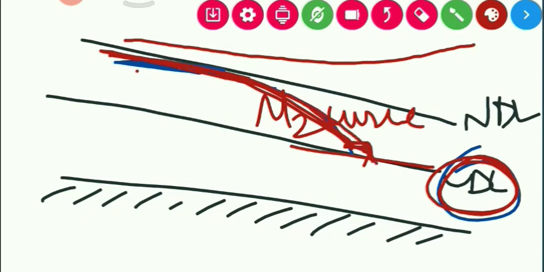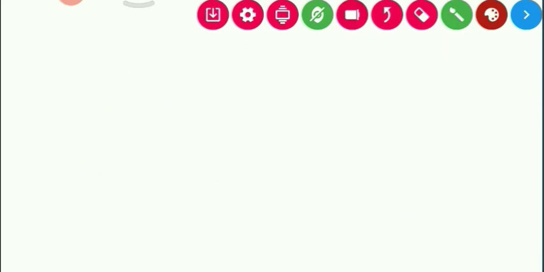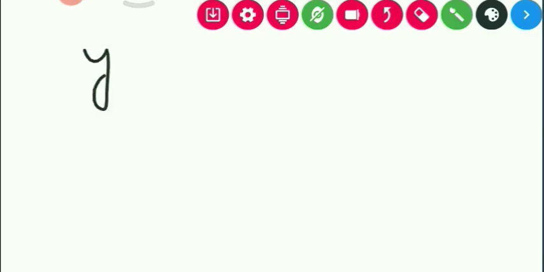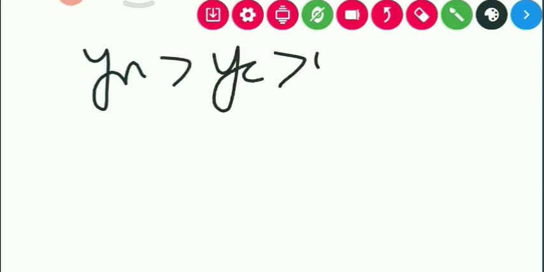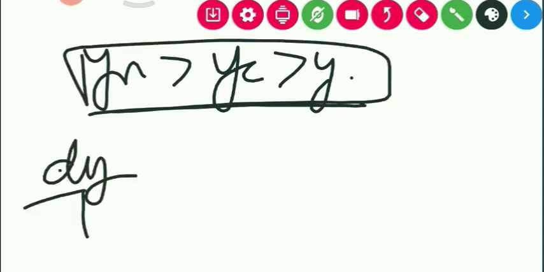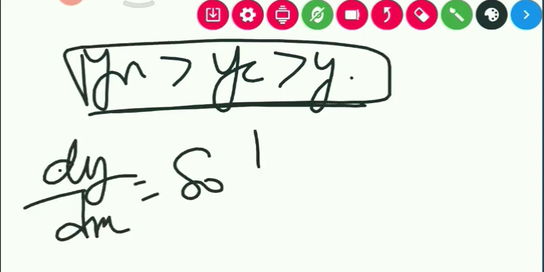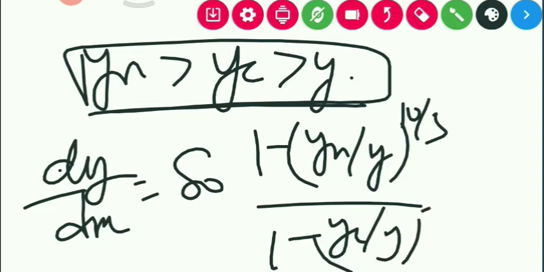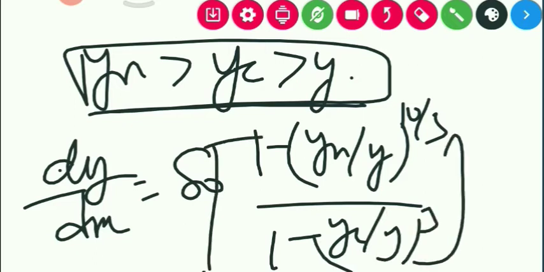Now let us see the M3 curve. In the M3 curve we know that yn is greater than yc, which is greater than y. So here dy by dx is s naught times (1 minus (yn upon y) to the power 10 by 3) by (1 minus (yc upon y) to the power 3).